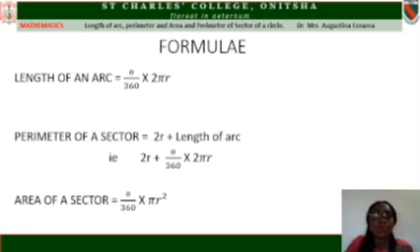So 2 of that radius plus the length of the arc below it from the diagram there. So that is 2r plus theta over 360 times 2 pi r. That is the formula for finding the perimeter of a sector.